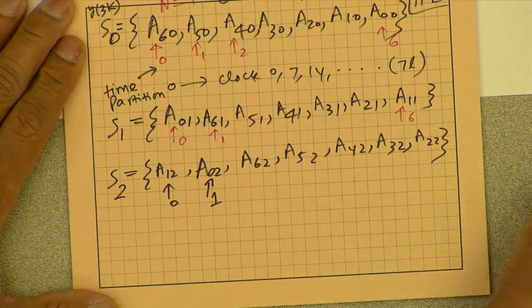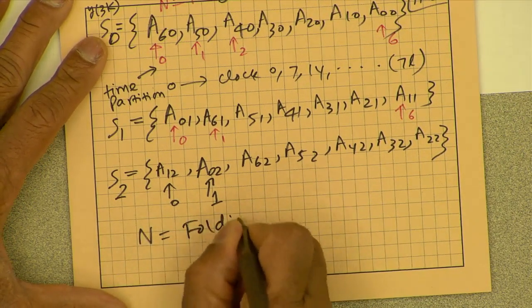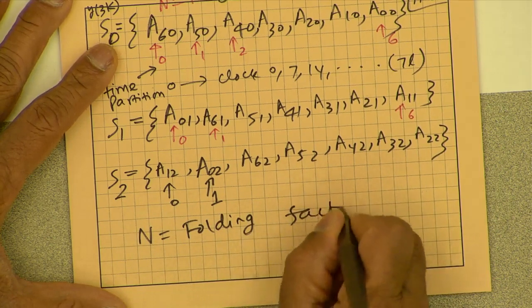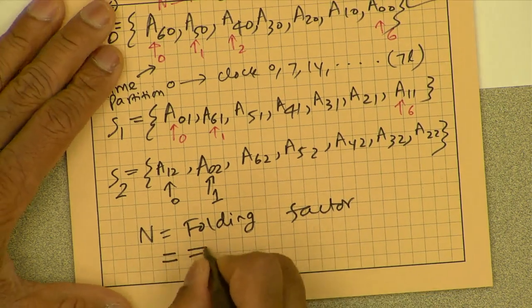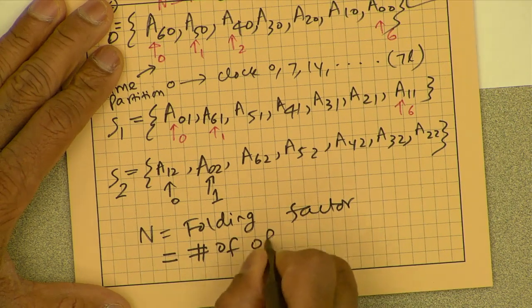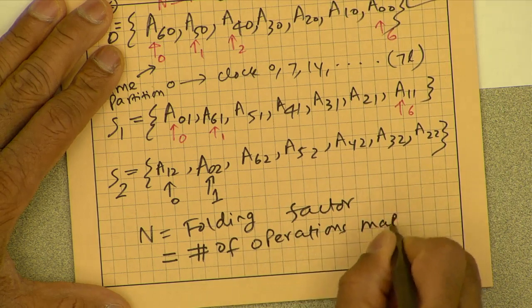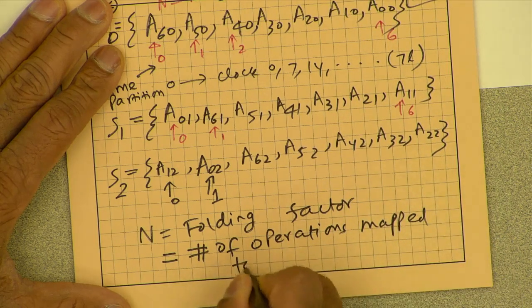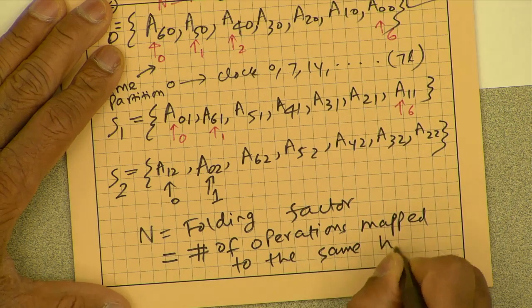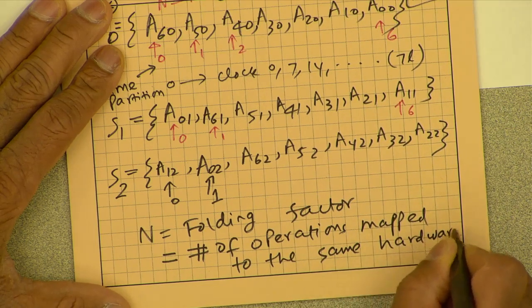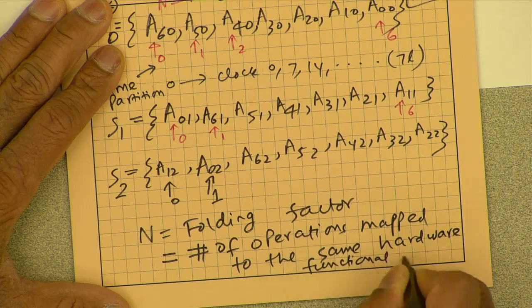So n is called the folding factor, which describes the number of operations mapped to the same hardware functional unit, or processing element, either way.